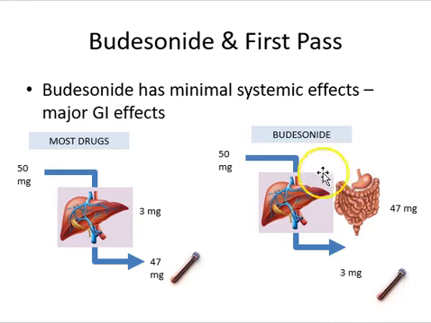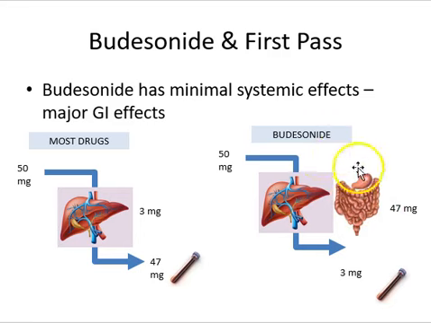This means a maximal effect at the site of activity, or the molecular site where you want the drug to have its clinical effect, and a very low amount of drug systemically, because we don't want budesonide floating around in the blood. We don't want it touching the heart or the brain or the lungs. The goal of budesonide is really just to keep it in this compartment here so that it can reduce inflammation.